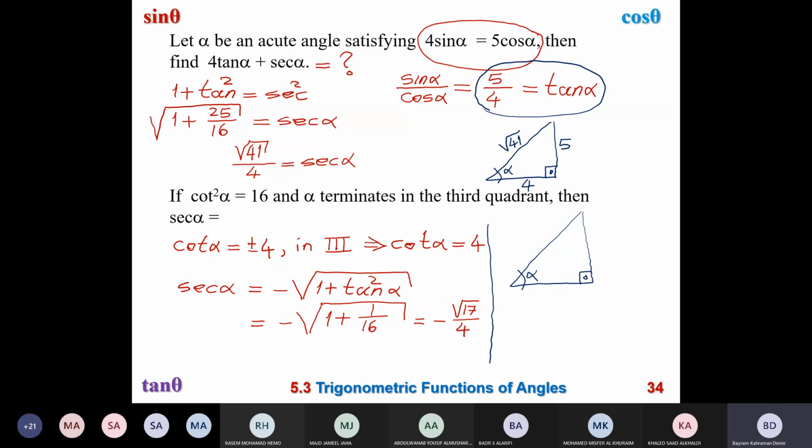So where is the 4, Shabab? 4 is here, the x. And there should be 1 here because cotangent is 4 divided by 1. So 4 is the adjacent side, and 1 should be the opposite side. And the hypotenuse, again by Pythagoras theorem, is root 17.